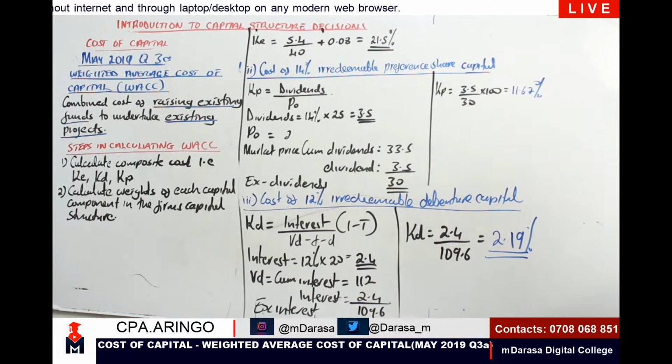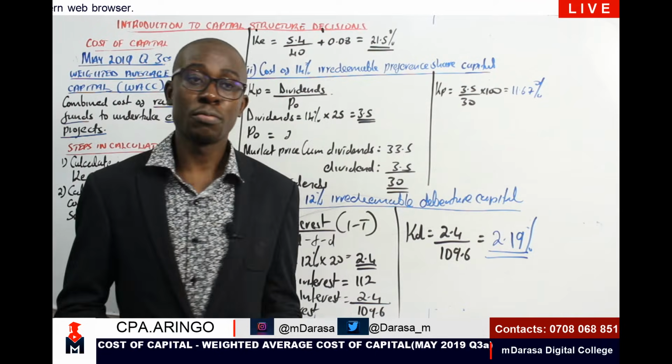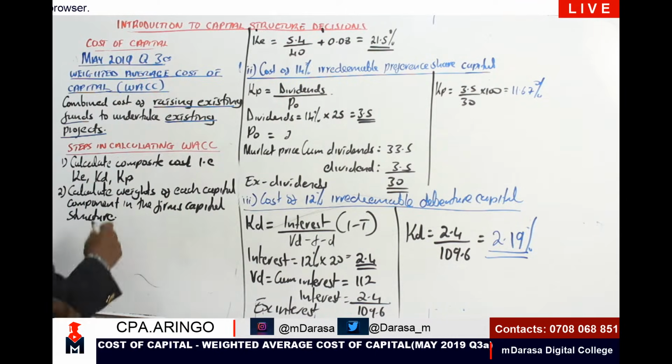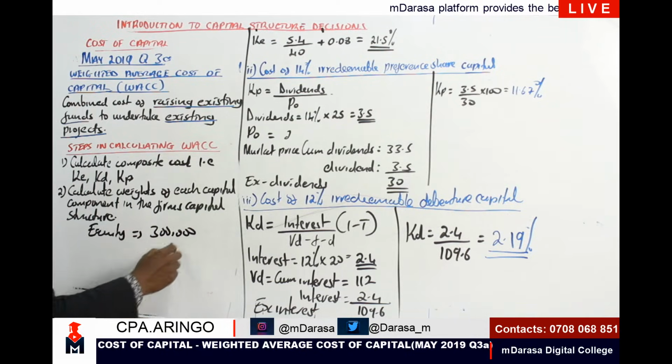At this point, basically, you'll find that in computing these weights, we use the market values. So say, for example, I'm having equity. The market value of equity maybe is 300,000, just an example I'm giving.